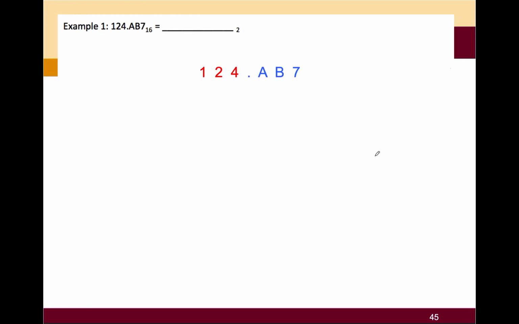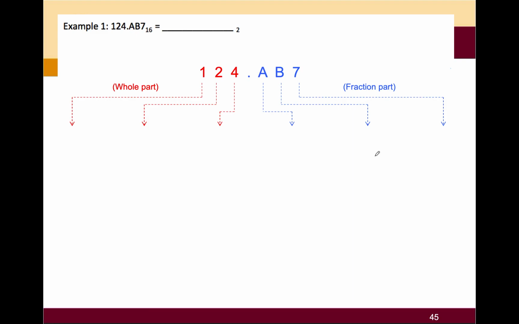So this is the example. You have 124.AB7 as your hexadecimal number. You want to convert it into binary. So the steps you need to do is divide it into the whole part and also your fraction part.